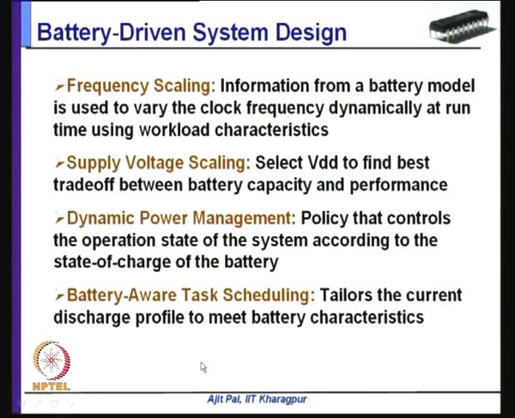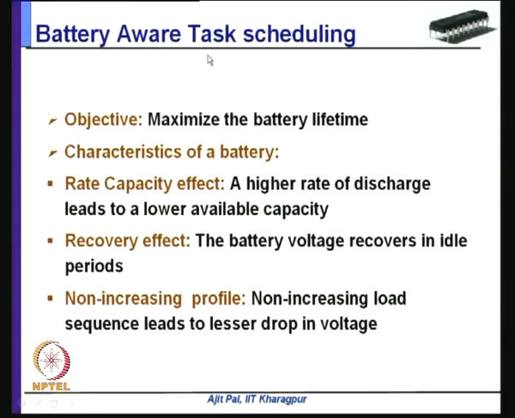And you can use different techniques like frequency scaling, supply voltage scaling, dynamic power management, and battery aware task scheduling in battery driven system design. The basic objective is to maximize the battery lifetime by exploiting the characteristics of the battery, and these are the three important characteristics which are exploited. Number one is the rate capacity effect: a higher rate of discharge leads to lower available capacity.